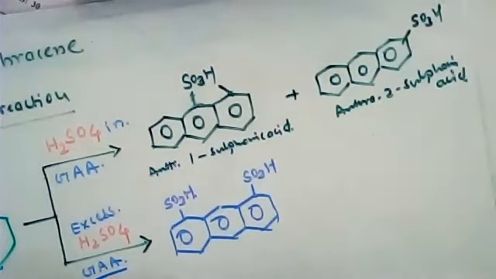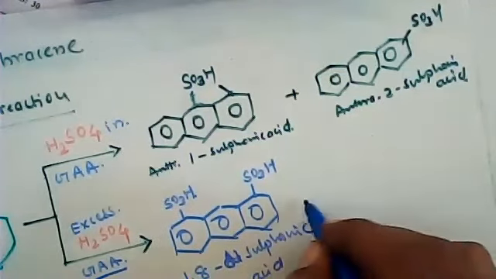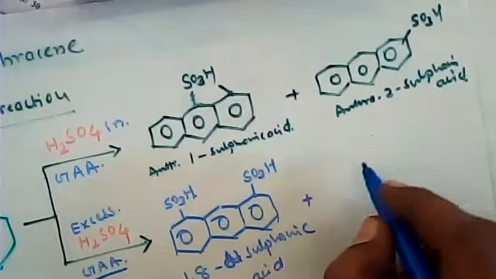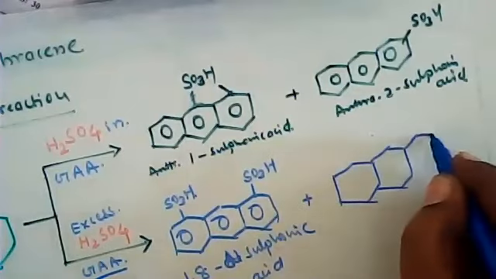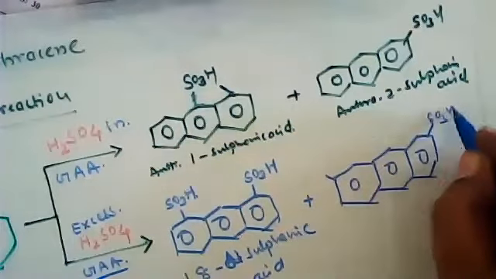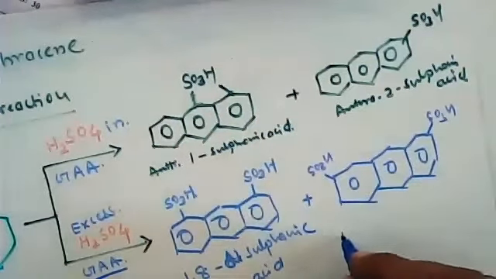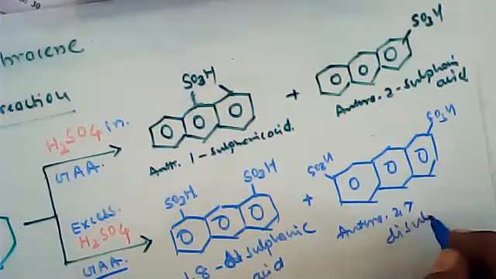One is anthracene 1,8 disulfonic acid, while another is anthracene 2,7 disulfonic acid.